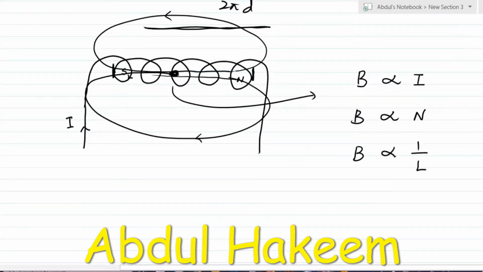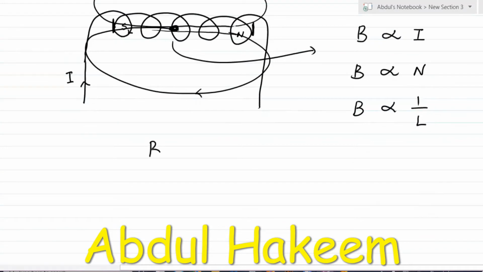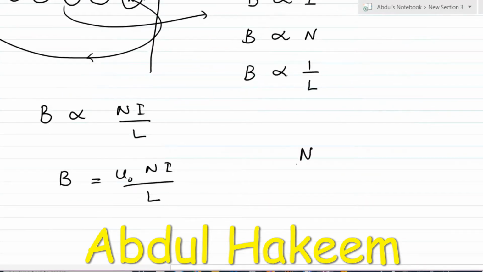So when we combine, B is directly proportional to N I over L, again, B is equal to mu naught N I over L, and this N over L is called number of turns per unit length.